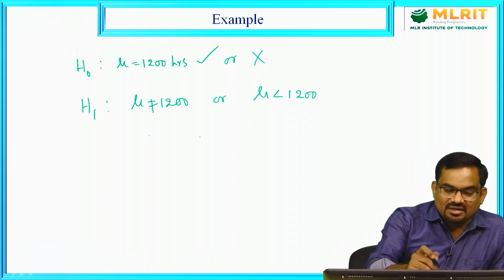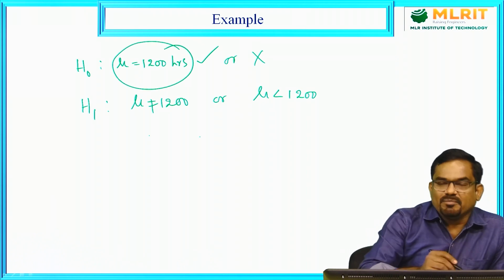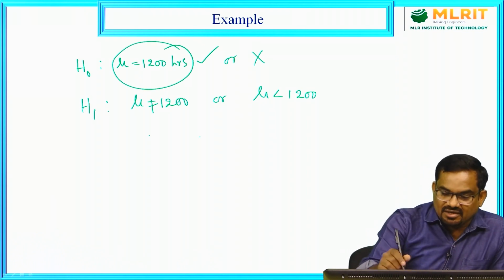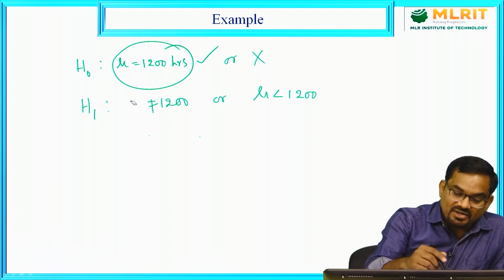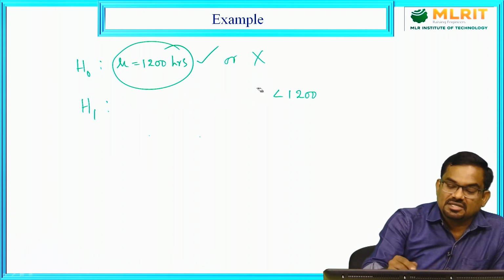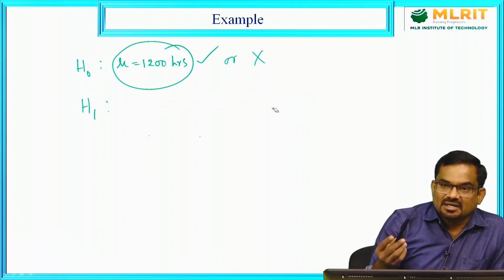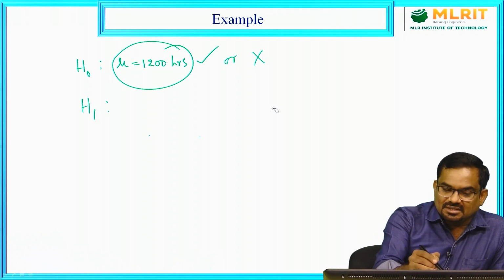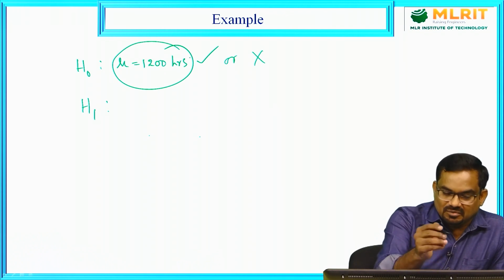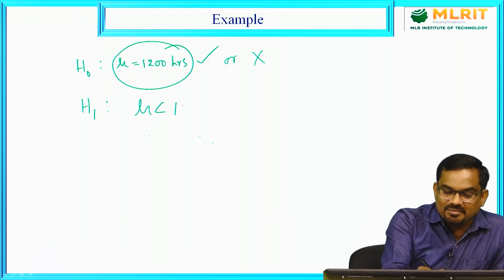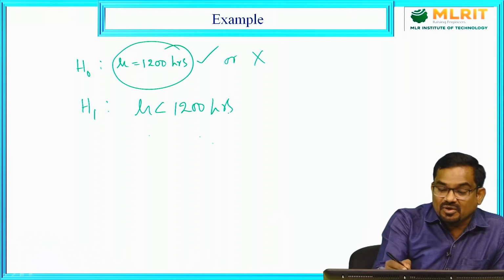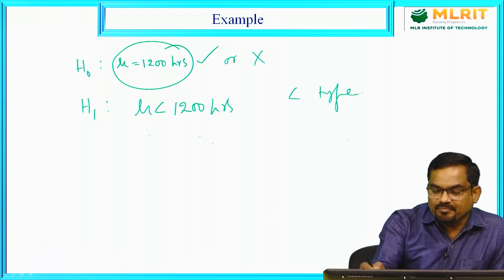In general, since this is the claim given by the manufacturer, we always try to reject the manufacturer's claim. Hence, to prove that the given statement is wrong, we have to show that the mean lifetime is less than 1200 hours. So, it is a less than type problem.